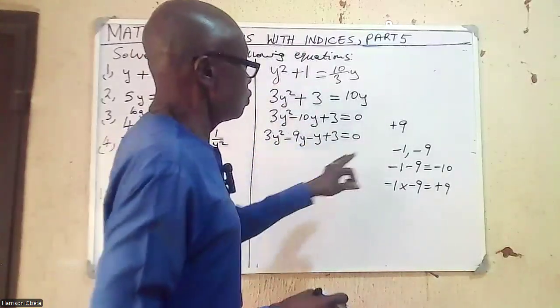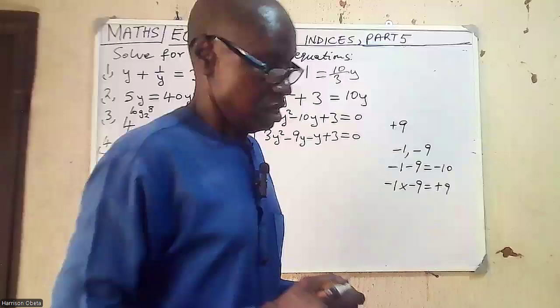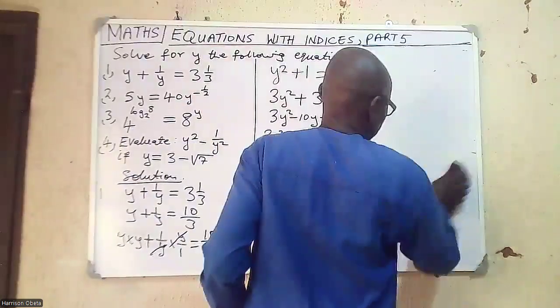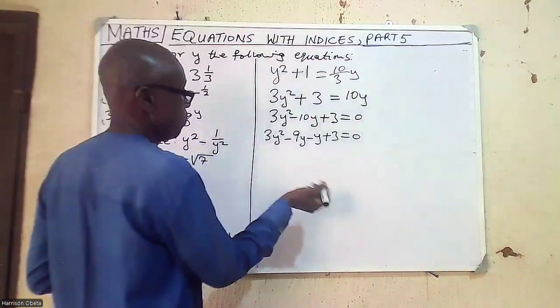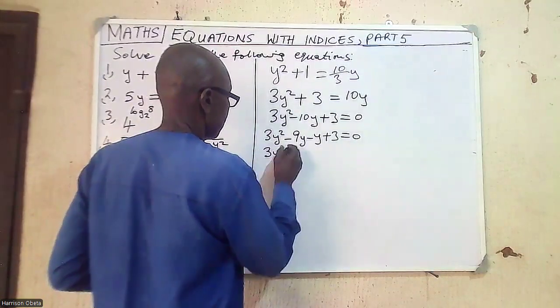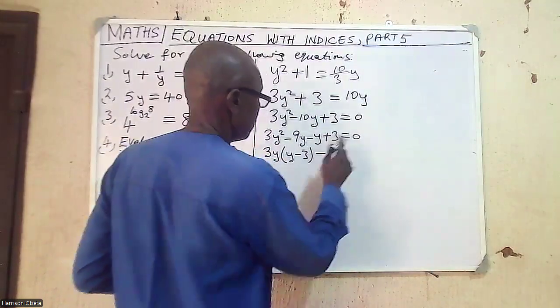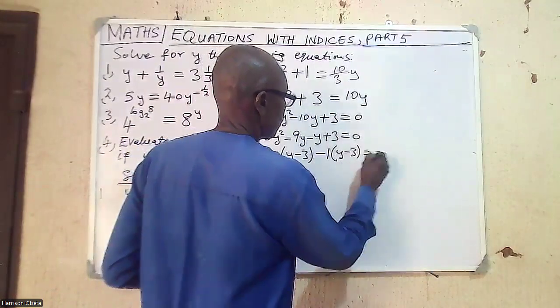Remember that the values you are having will be the coefficients of the letter that is there. So now you factorize by grouping. What is common here is 3y, bracket y minus 3, minus what is common here is 1, bracket y minus 3, equal to 0.